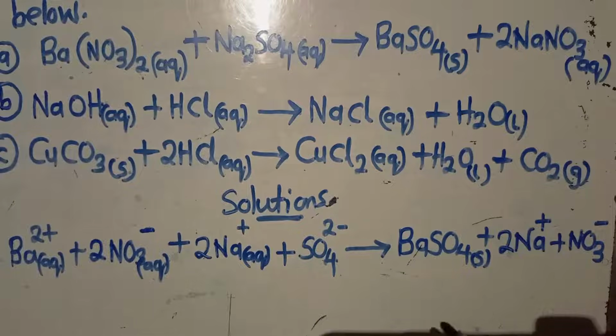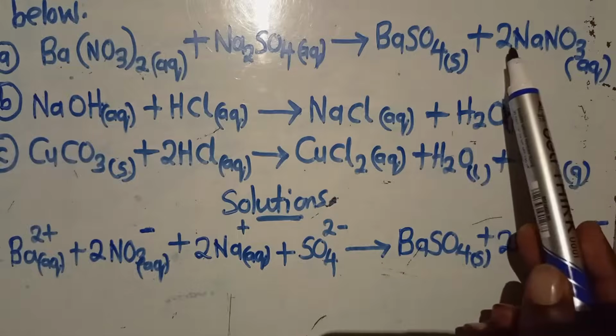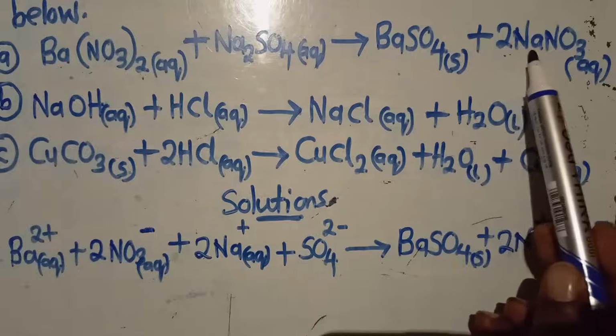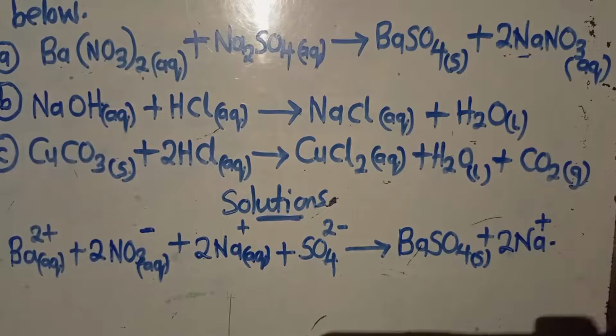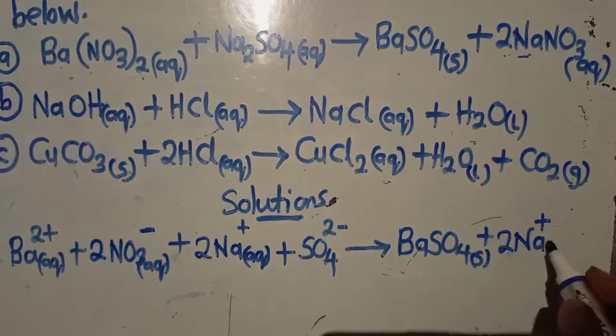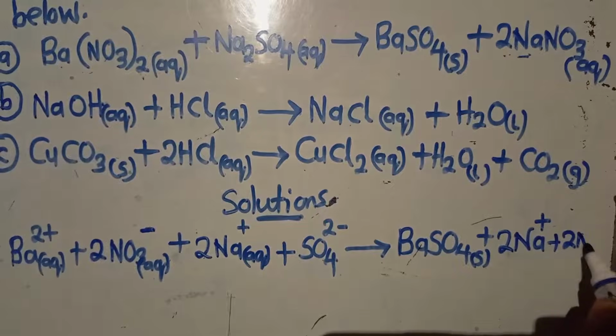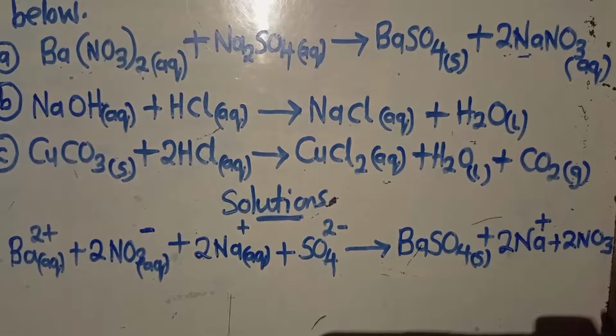So I cancel out what is common. The 2 is applying on both sides, on the sodium and on the nitrate. Meaning even this side I need to have a 2. So I need to say plus 2NO3 like that, with a negative because that is the charge.